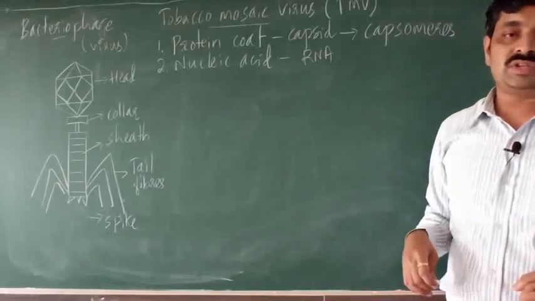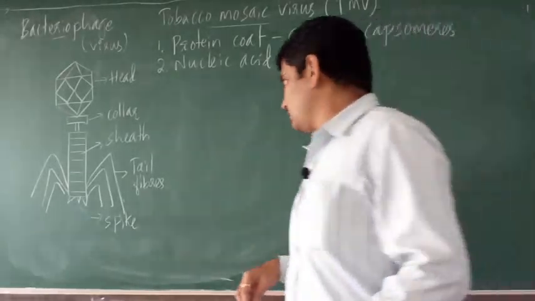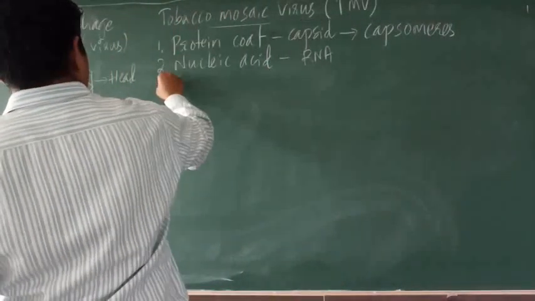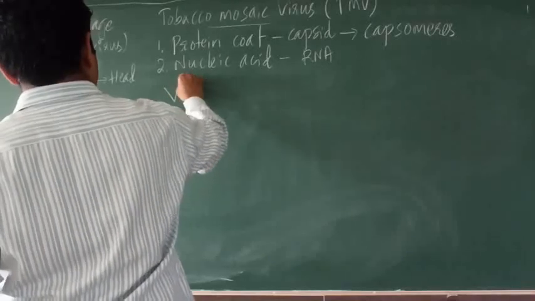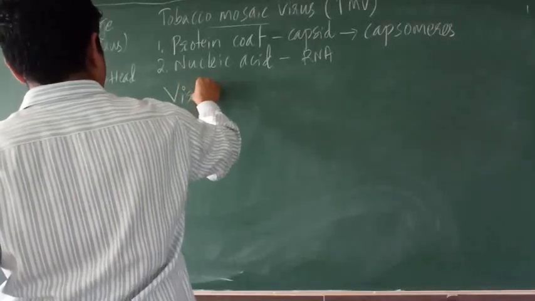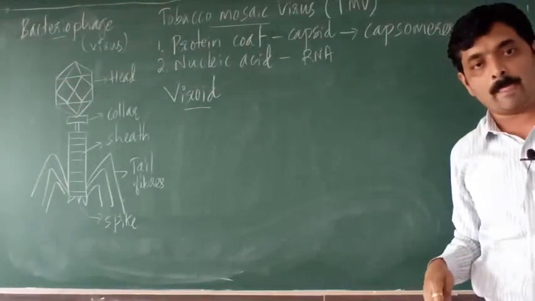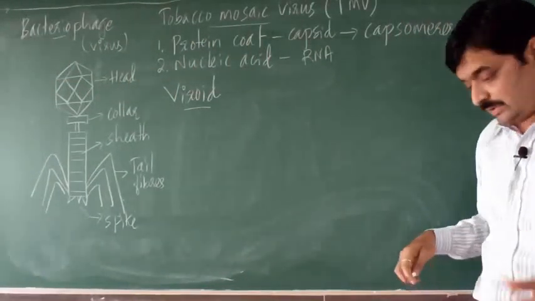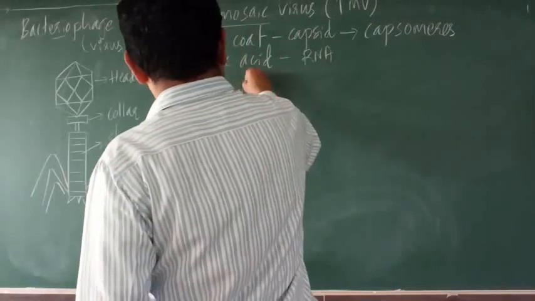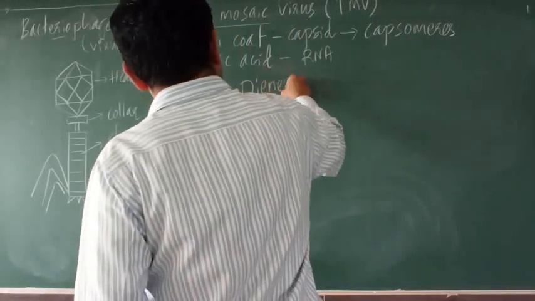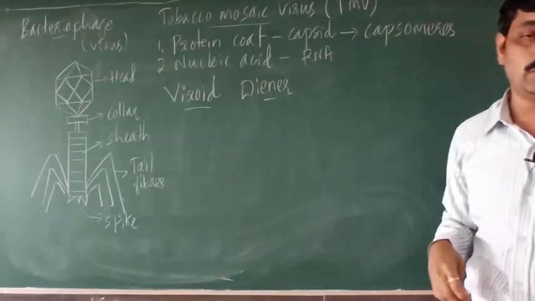Then after this, we shall consider another type of virus, we can call it the viroid. Viroids, plural, were discovered by Diener. So Diener discovered viroids.